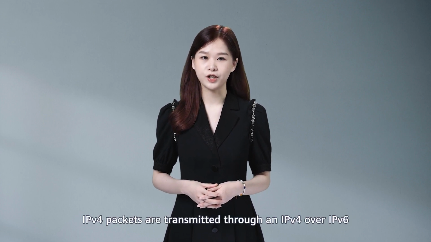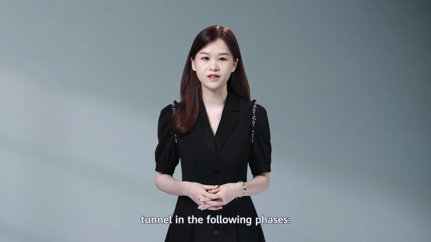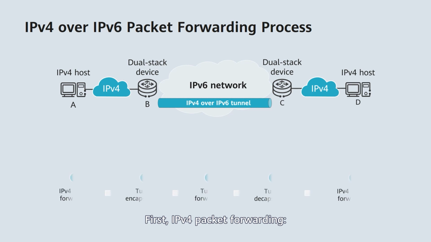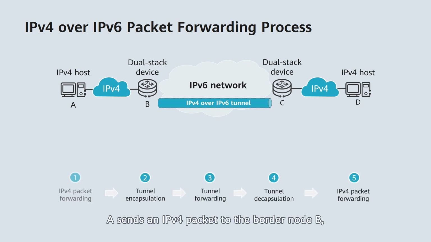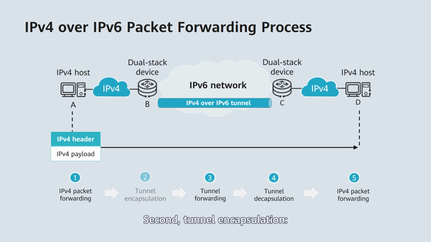IPv4 packets are transmitted through an IPv4 over IPv6 tunnel in the following phases. First, IPv4 packet forwarding. A sends an IPv4 packet to the border node B, with the destination IPv4 address being the IP address of D. Second, tunnel encapsulation.